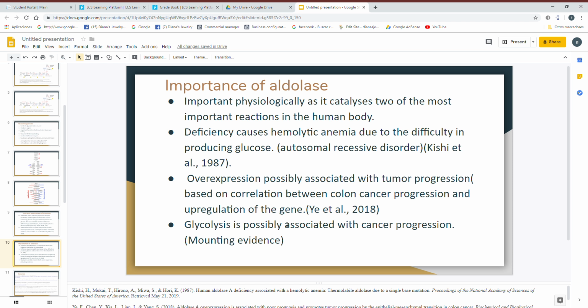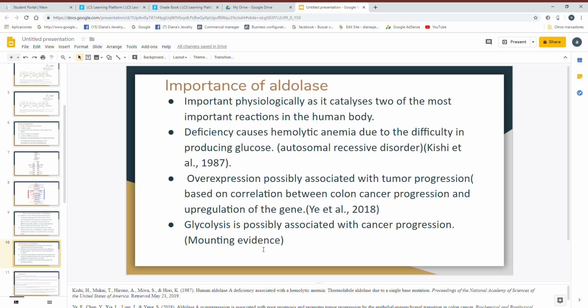We don't have any current research that says that there is a very specific cause or connection between overexpression of aldolase and tumor progression, but there is a correlation there. We don't know if the two are connected, but it has been noted that when there is a large amount of tumor progression, then usually aldolase has been overexpressed.